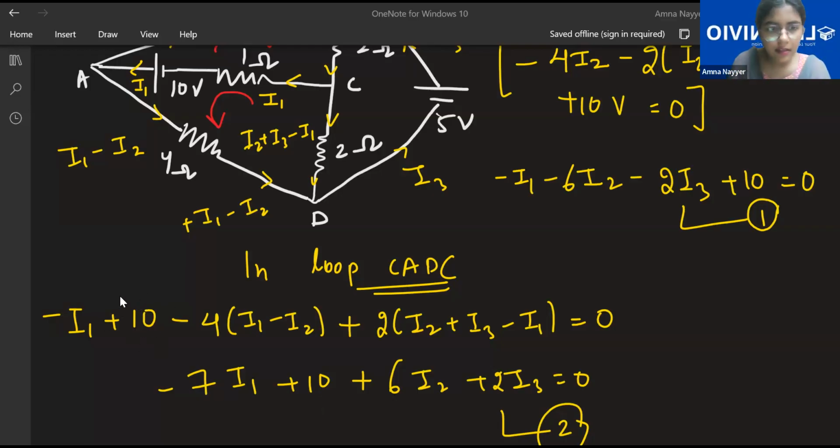First minus I1, minus 4 times (I1 minus I2), and at last we can write it like that? Means 10 shifted to this side, the RHS. Because it is total voltage. So you have to write minus 10, because from here when it goes, it will be minus 10. Make this equation first. Then you can solve it in any way. That is then simple maths.